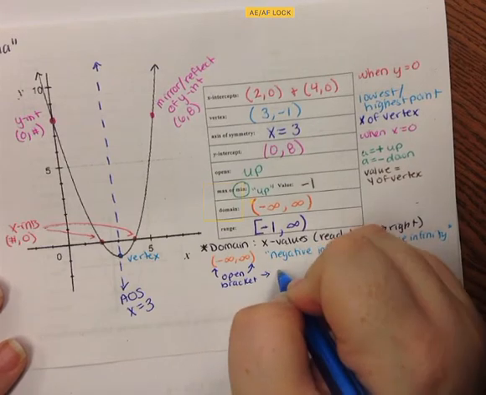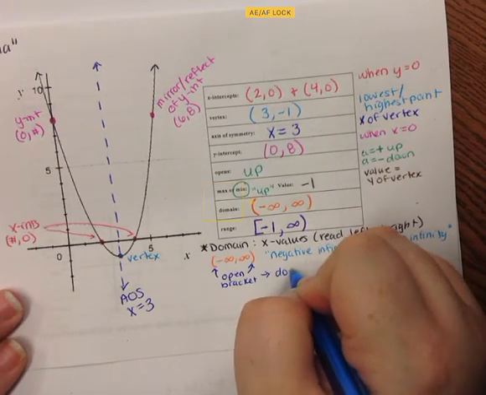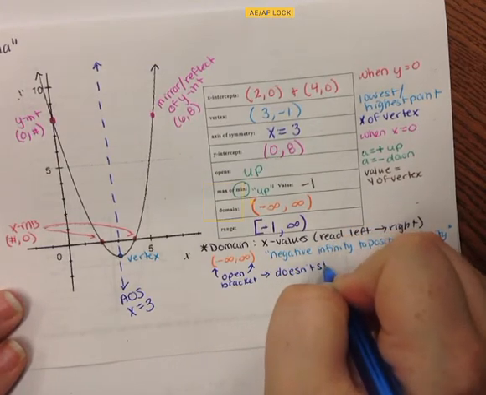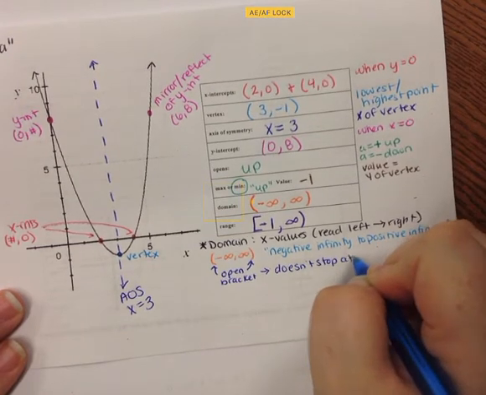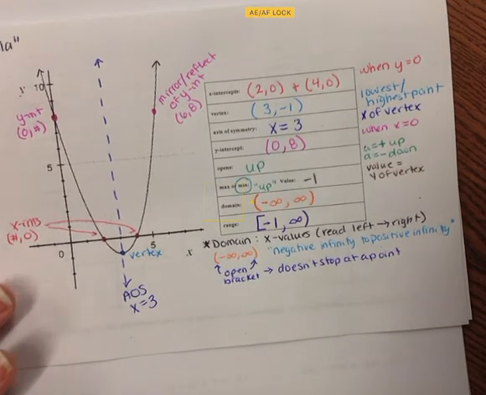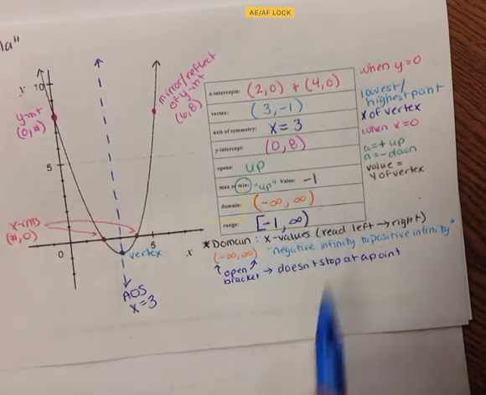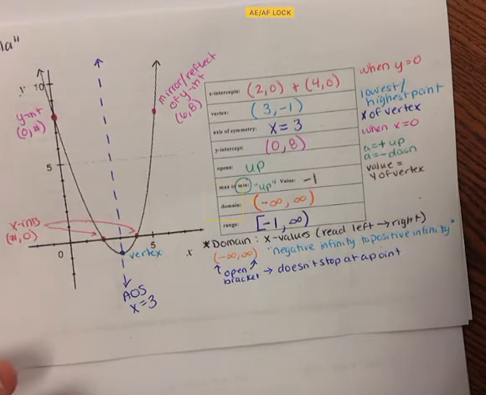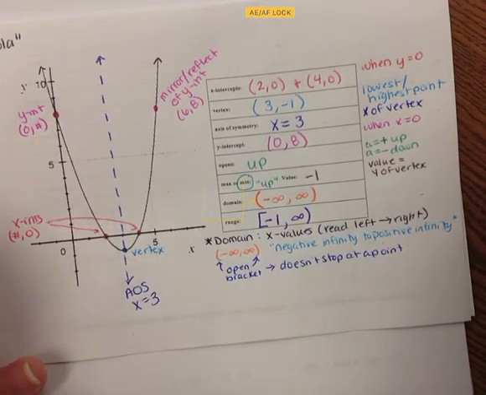Open brackets show that it never stops at a point. So it doesn't stop at an actual point. Infinity is forever. That's why infinity will have the open brackets, the parentheses, because it's trying to say that it will never, ever stop. It's kind of like an open circle when you're dealing with inequalities. And then the closed bracket is very similar to a closed circle for inequalities.